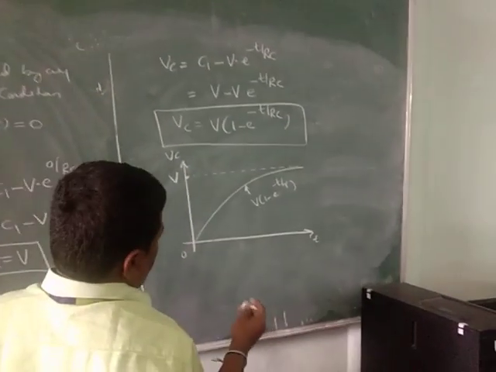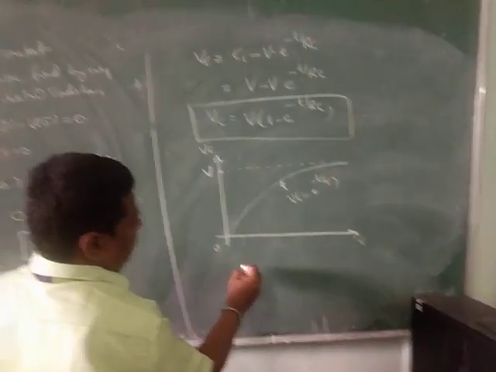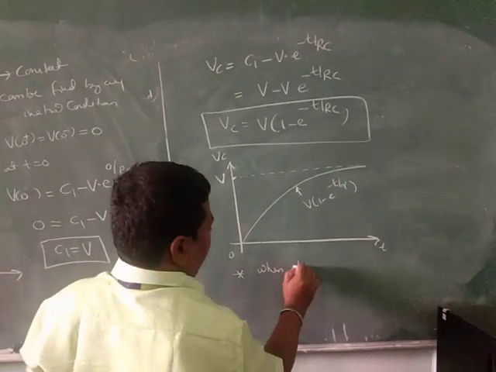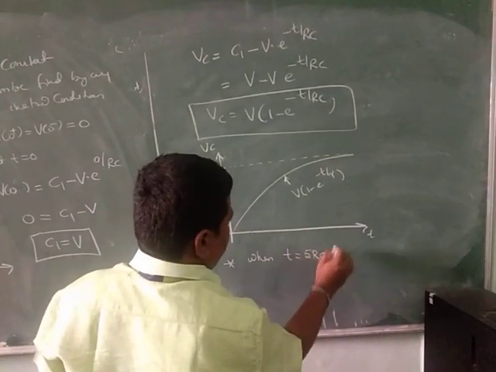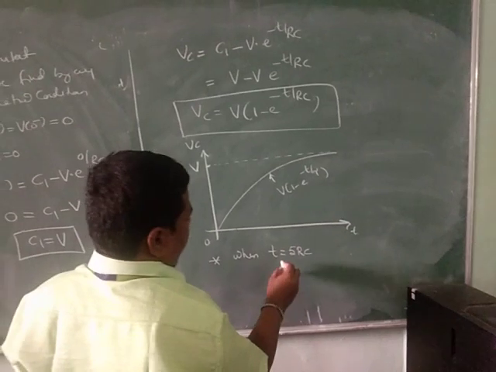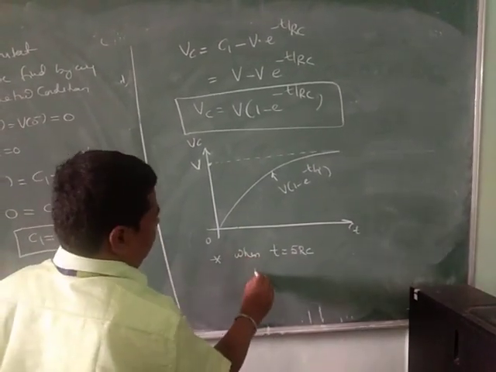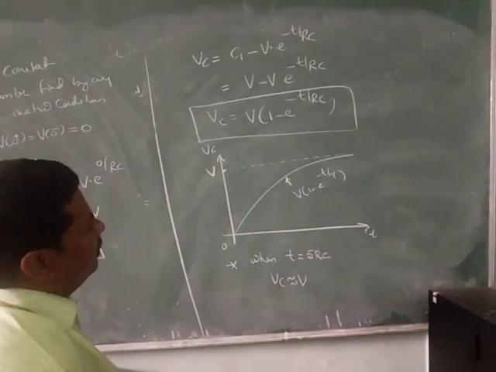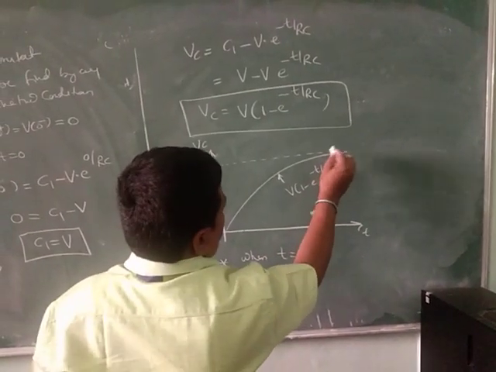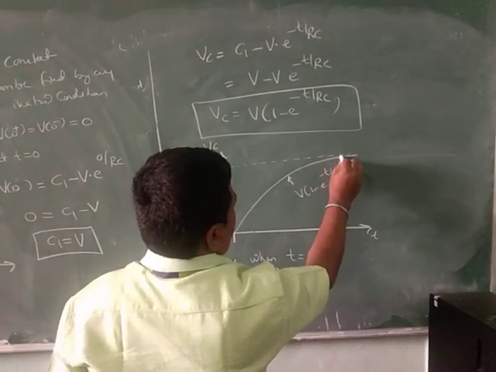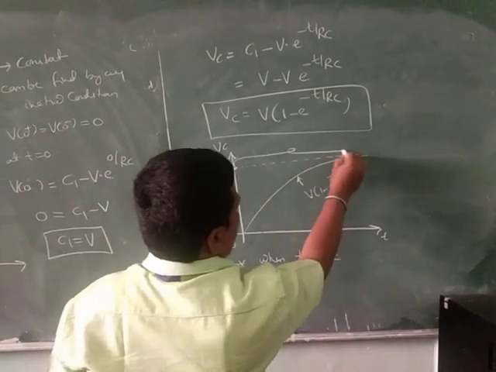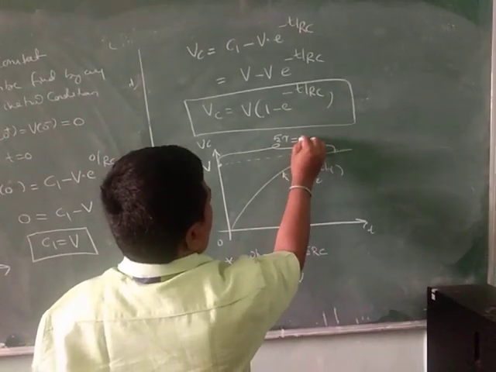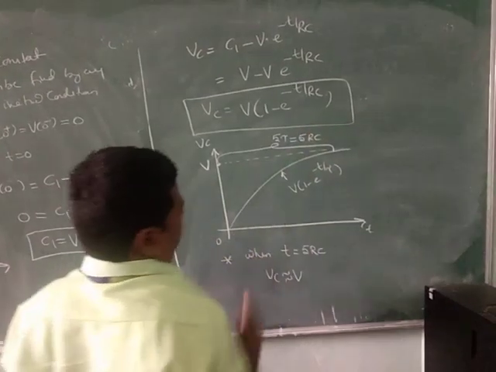One more condition here: when t is equal to 5 RC, then Vc is approximately equal to V, 0.99 V. So the voltage across capacitor reaches the maximum value. It will take a time of 5 tau or 5 RC.